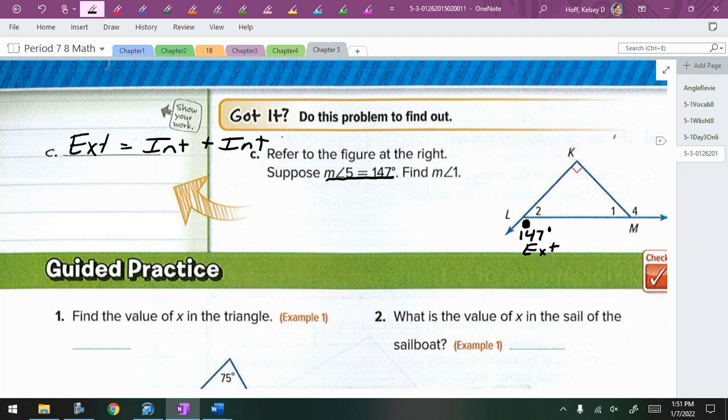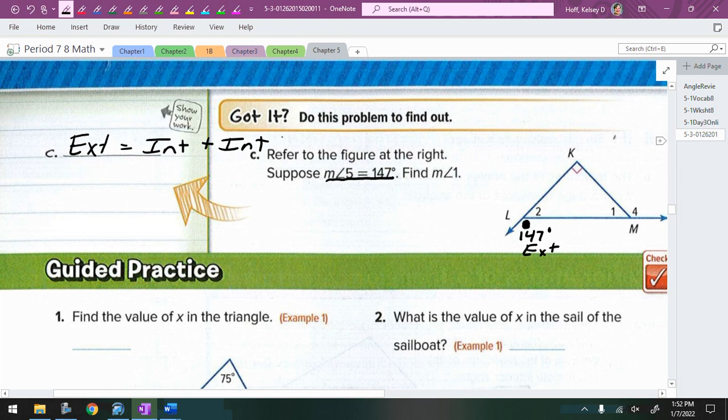They want us to find the measure of angle 1. So who can help me set up this problem, reminding myself that the exterior equals the interior plus the interior? Zach.